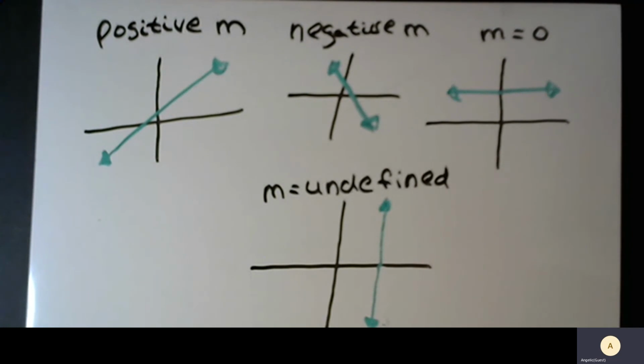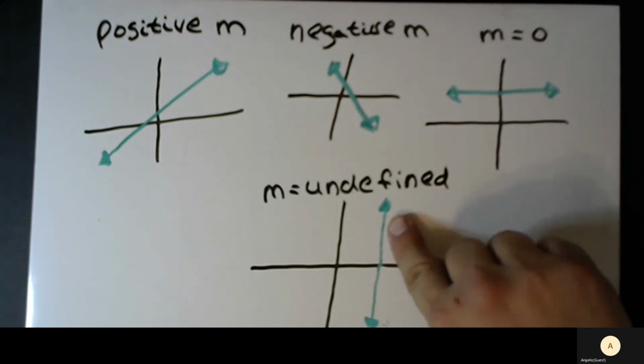So you can graph lines that have undefined slope. But that's about as far as you can go. An undefined line, if the line's undefined, you wouldn't be able to graph it. But there are lines with undefined slopes.